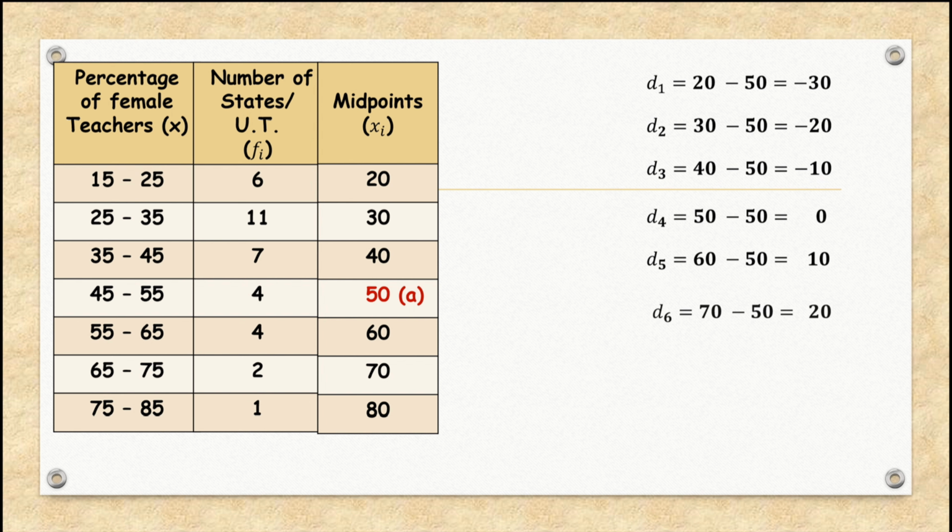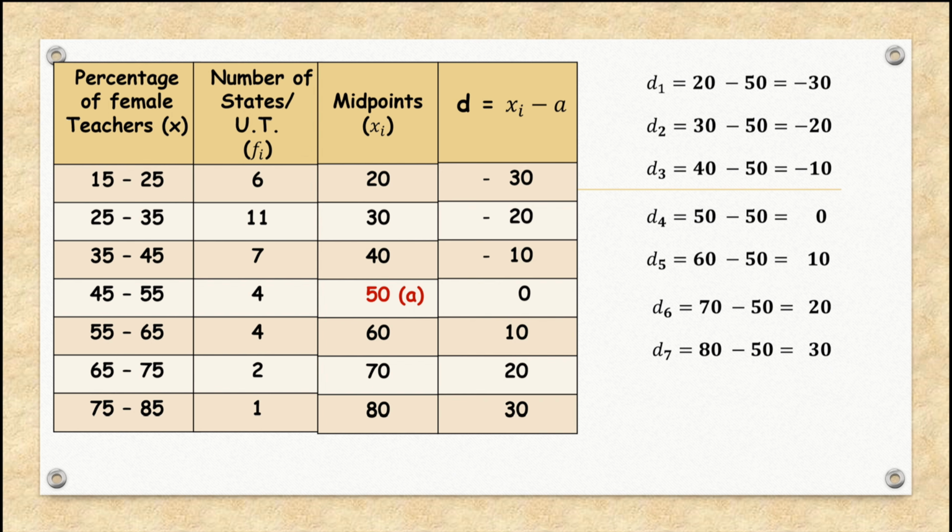Put the sign of the larger number. Here 50 is the larger number and it has a negative sign. So the result is minus 30. 30 minus 50 is minus 20, 40 minus 50 is minus 10, 50 minus 50 is 0, 60 minus 50 is 10. Similarly, you can find the remaining deviations. This will be our deviations column, that is di.